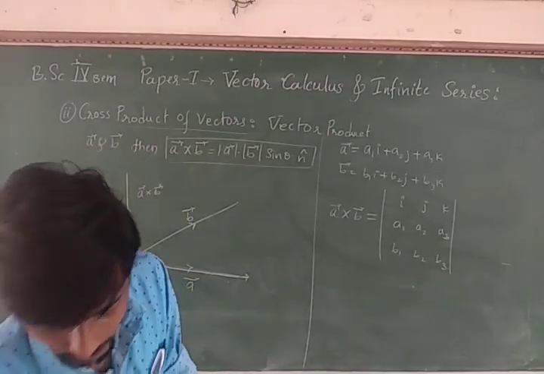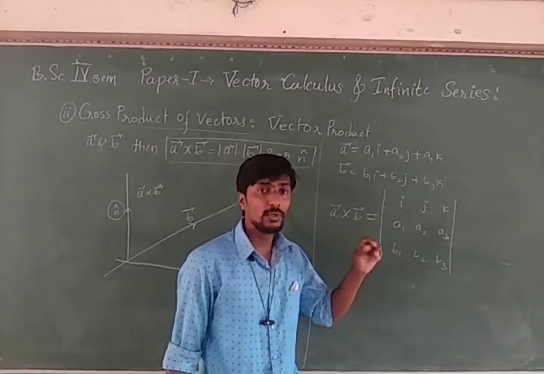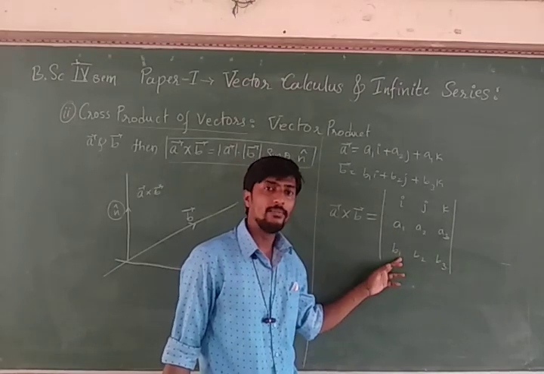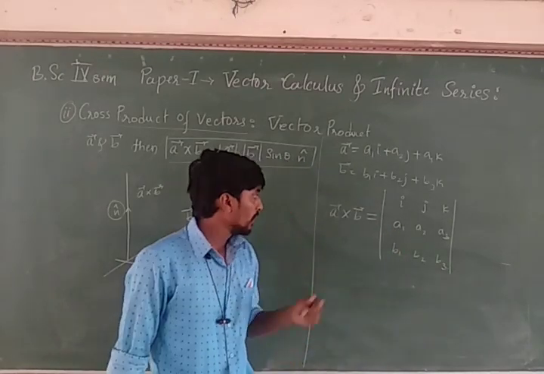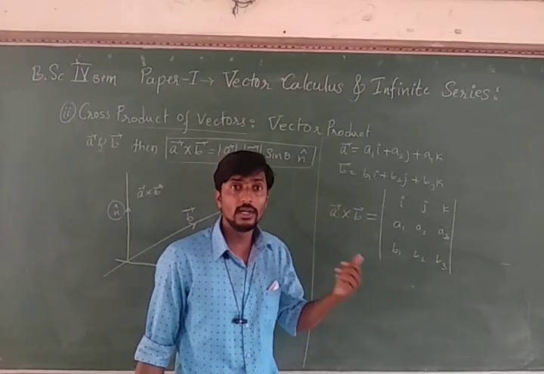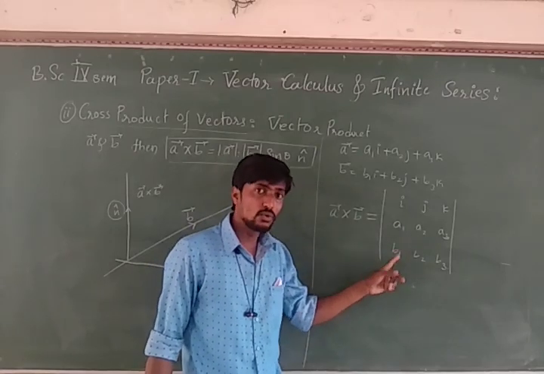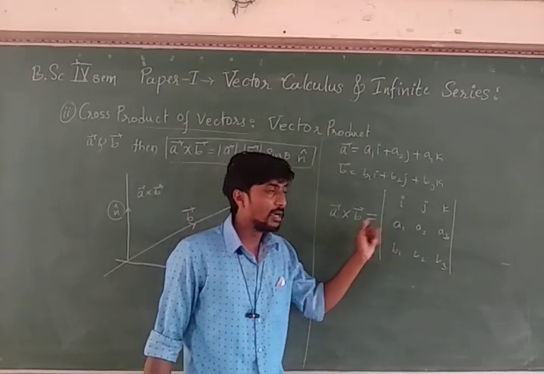But one thing you have to remember here: while writing these two rows, you cannot interchange them. Why? Because A cross B is a vector quantity, so it has a particular direction also. If you change these two rows, it gets multiplied by minus.